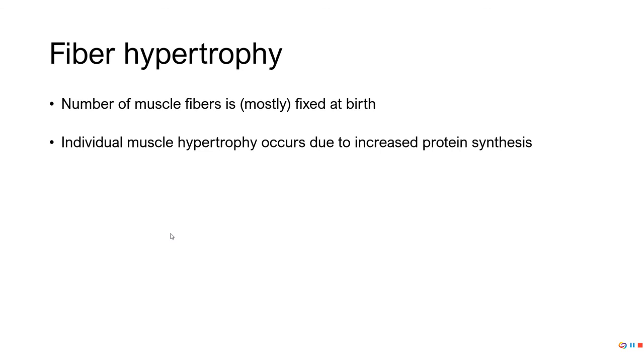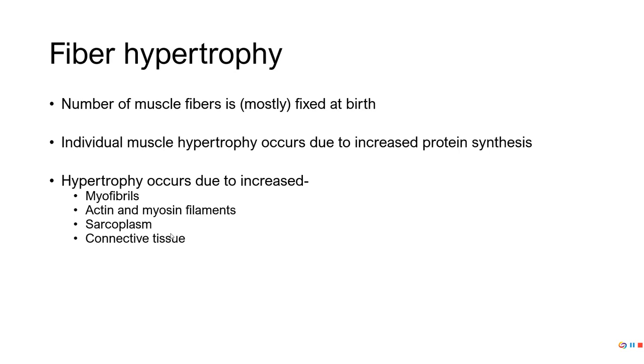We have more myofibrils, more actin and myosin, more sarcoplasm, more connective tissue. When you think of muscle fiber, think of muscle cells. We can have changes within that muscle cell to increase the size, and as we change these variables, this changes the cross-sectional area in the muscle. So our muscle gets bigger.